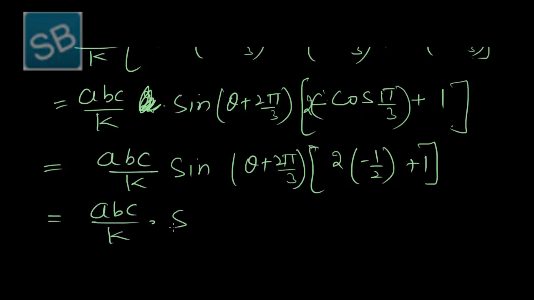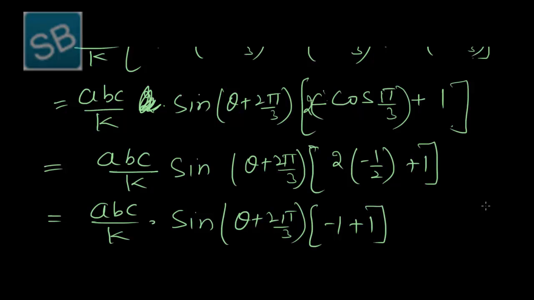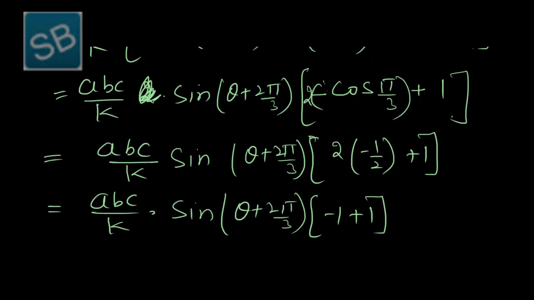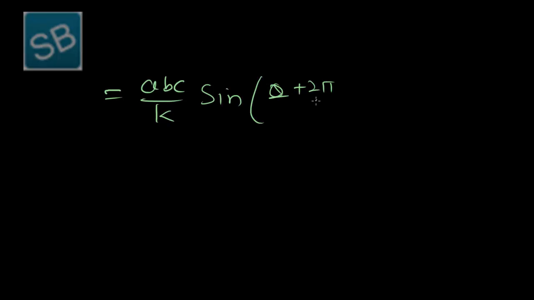So we get ABC over K into sin theta plus 2 pi over 3 into minus 1 plus 1. That gives 0. 0 into something is 0. Therefore ABC over K into sin theta plus 2 pi over 3, that is 1 minus 1, gives 0.